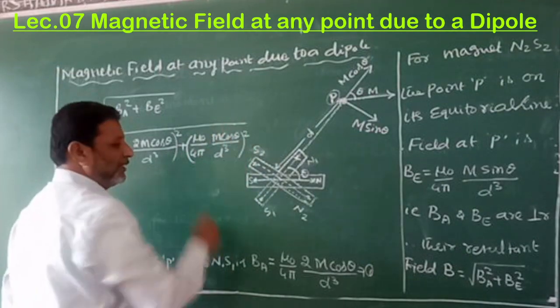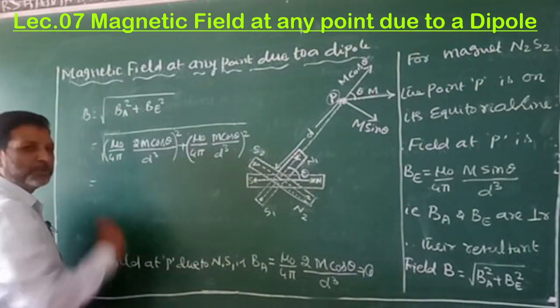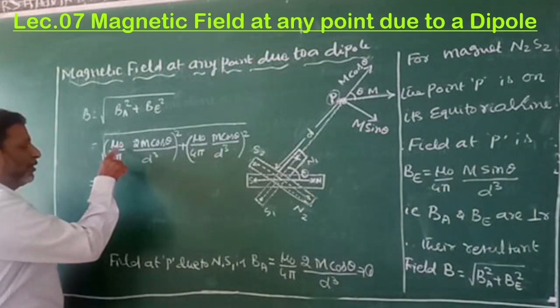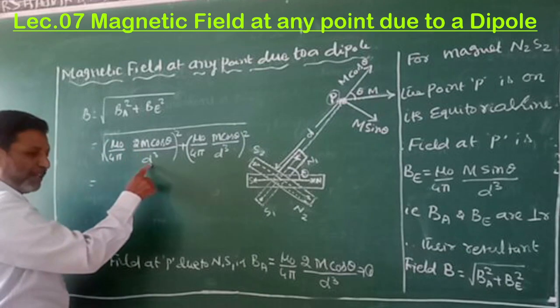Now here you take out the common factor from these two. The common factor is mu naught divided by 4 pi, M divided by d cube.